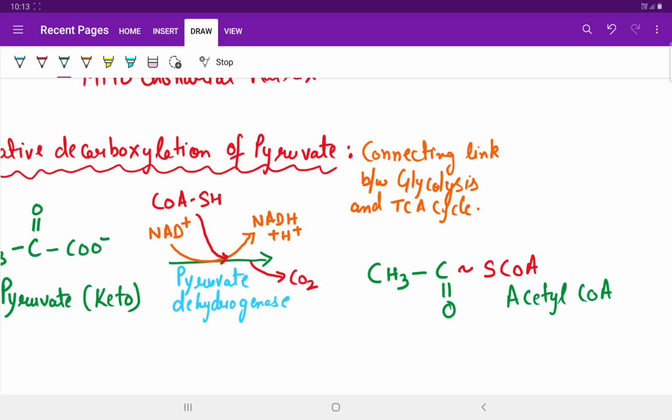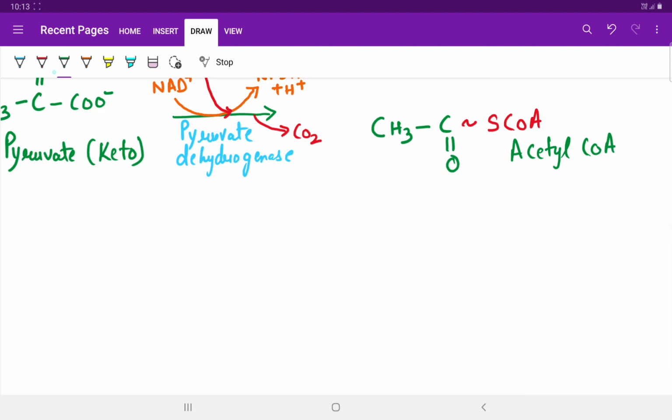So now let us first discuss what is this coenzyme A, so all your doubts will be clear. Coenzyme A helps in energy production within the body. It is basically a helper molecule, which is a non-protein substance and needed for activation of some enzyme.